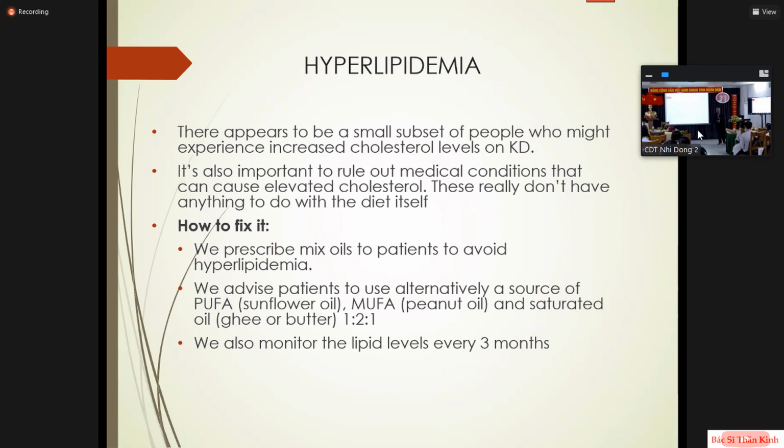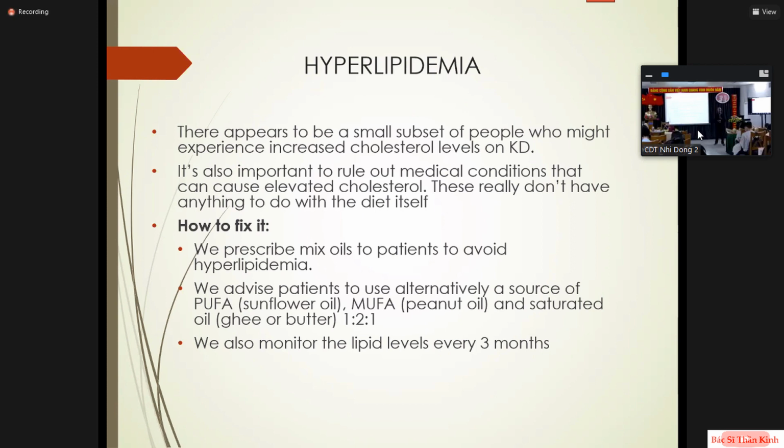Number 2, mix your fats. In India, they tend to have a lot of saturated fatty acids in the form of clarified butter. Clarified butter in India is called ghee. And it's supposed to be a very healthy food. Nowadays it's being called unhealthy, but it is a healthy food.